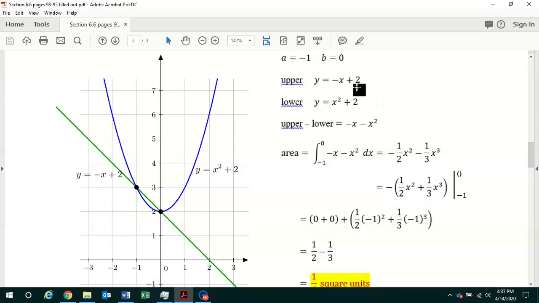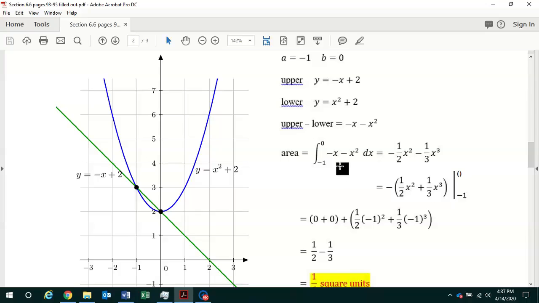You take minus x plus 2 and then subtract x squared plus 2 and you get minus x squared. So the area sandwiched between the straight line and the parabola is equal to the definite integral from minus 1 to 0 of minus x squared with respect to x.